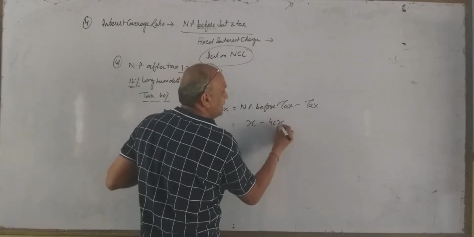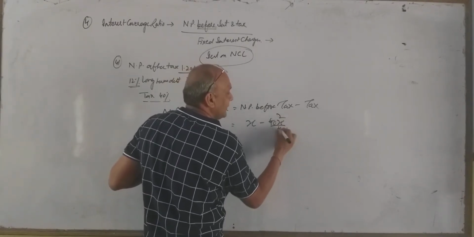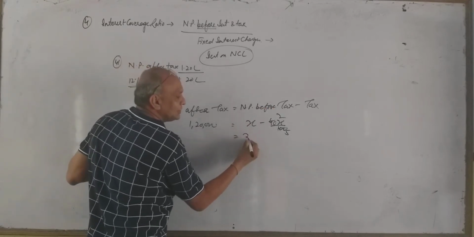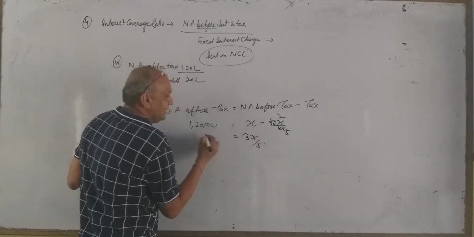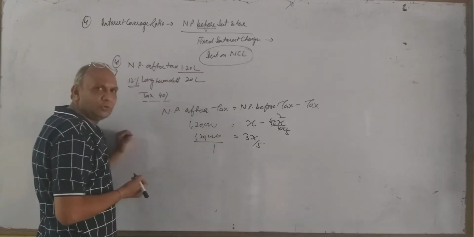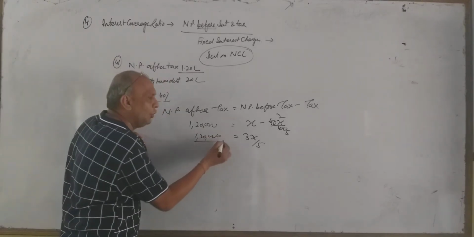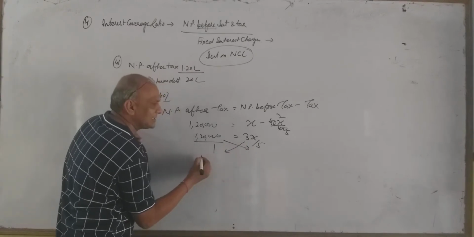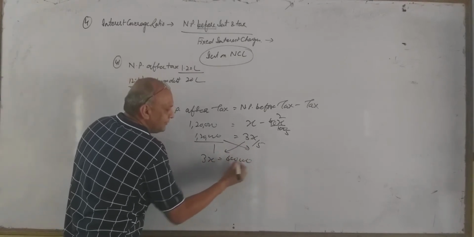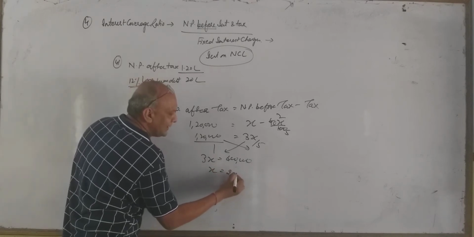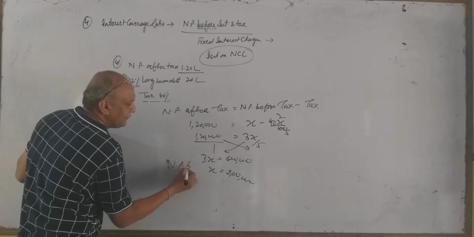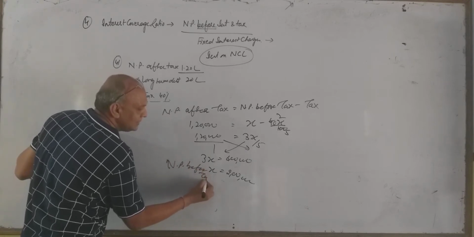That is 40 into X upon 100, 20 to the 25. 5 1 ja 5 minus 2, 3x upon 5 is equal to 1,20,000. Can I put over here 1? I think there will be no problem. Cross multiplication. So my dear, it comes 6 lakh. X is equal to 2 lakh. It means net profit before tax is 2 lakh.